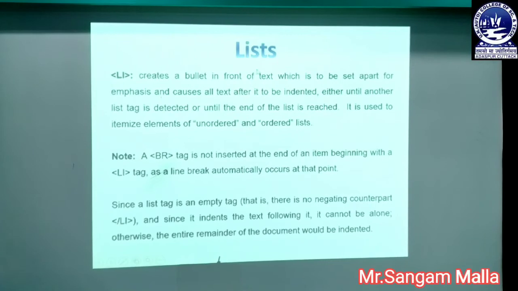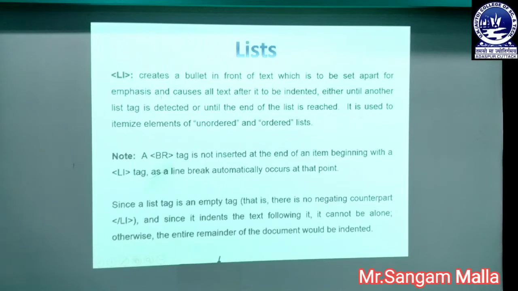Next, we will move to the list tag, which is used to create the list in the HTML document. The list tag creates a bullet in front of text which is to be set apart for emphasis, and causes all text after it to be indented, either until another list tag is detected or until the end of the list is reached.